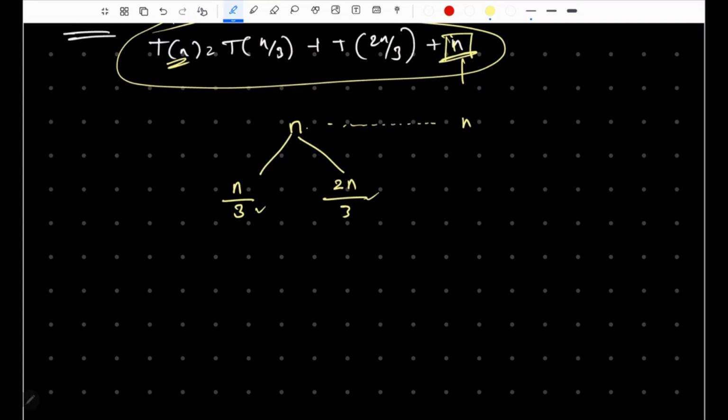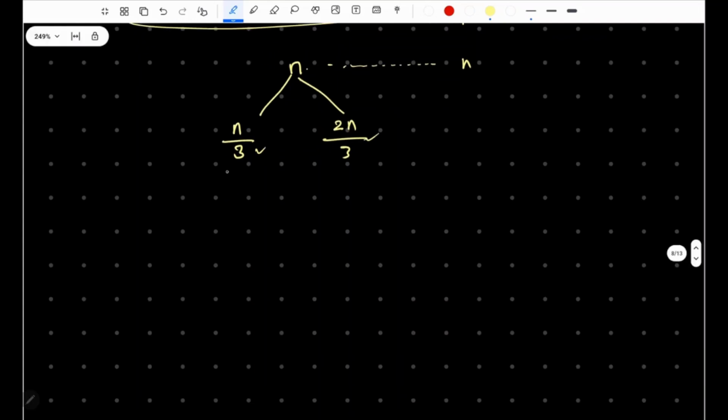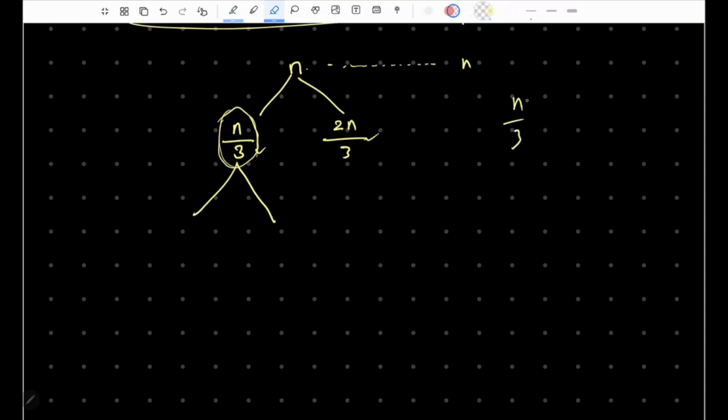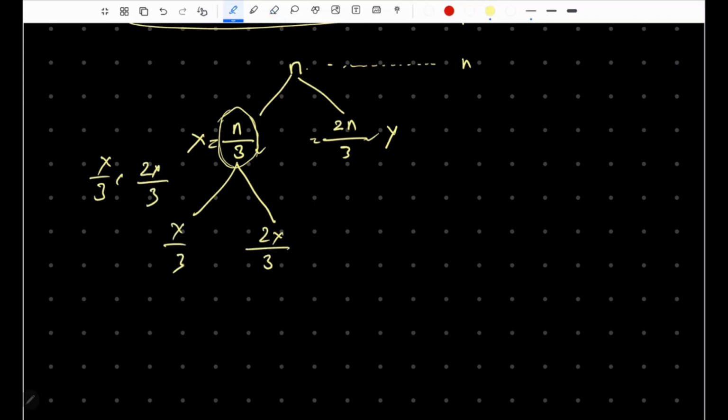Now consider this whole as n. Now this will be divided into two parts, n by 3 and 2n by 3. If this is x, it will be divided into x by 3 and 2x by 3. I am taking this whole as x and doing the same thing I did with n while dividing n.